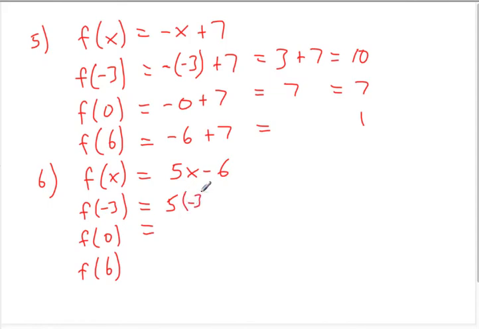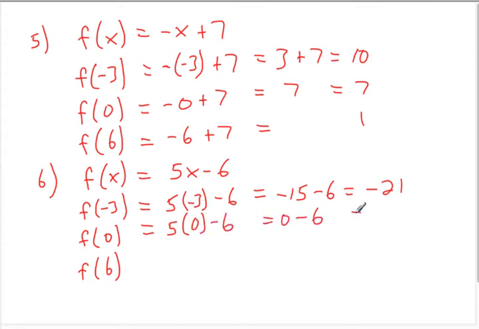So 5 times negative 3 minus 6 is negative 15 minus 6, which is negative 21. 5 times 0 minus 6 is 0 minus 6, which is negative 6. And 5 times 6 minus 6 is 30 minus 6, which is 24.